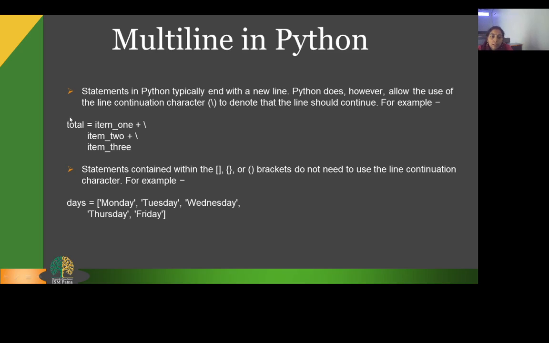As in the example, you can see total equals item_1 plus slash item_2 plus slash item_3. This is the way in which we can continue the line by using the line continuation character.